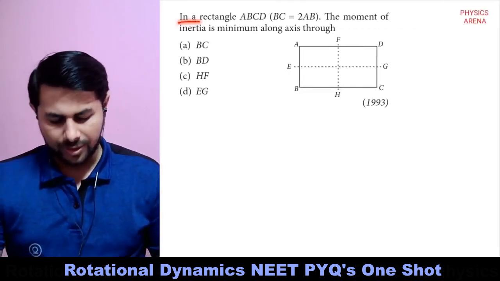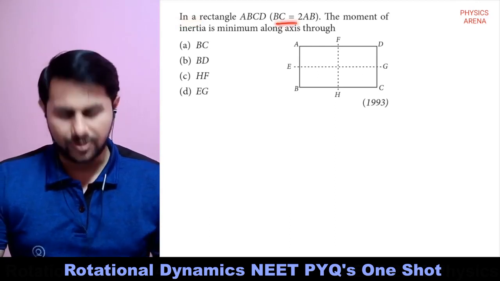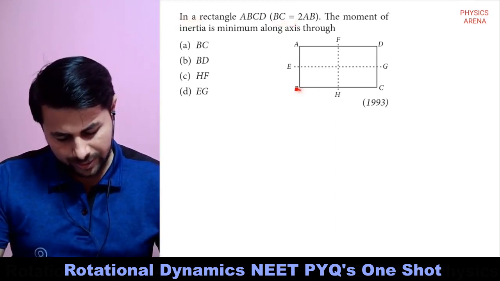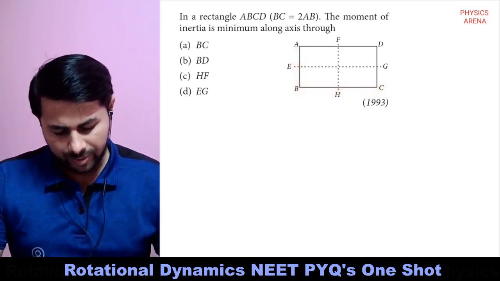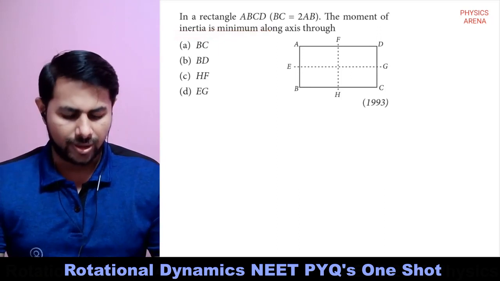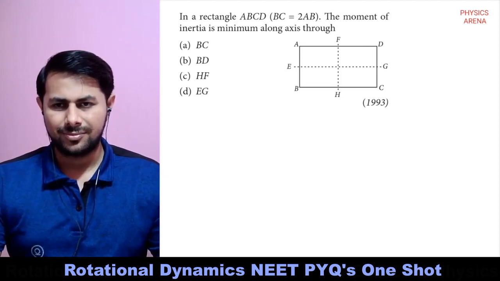In a rectangle ABCD, BC is equal to 2 times AB. So this length BC is equal to 2 times AB. The moment of inertia is minimum along the axis through. So tell me, which will be the answer?